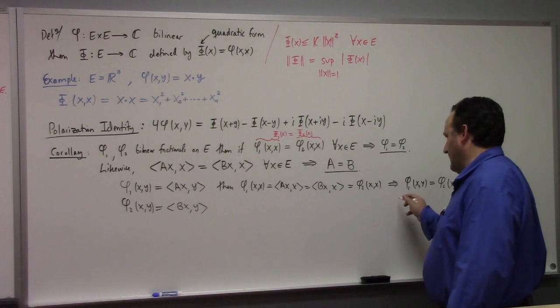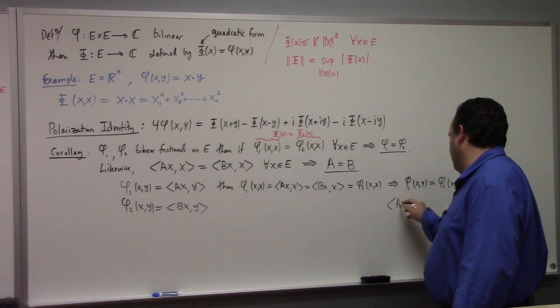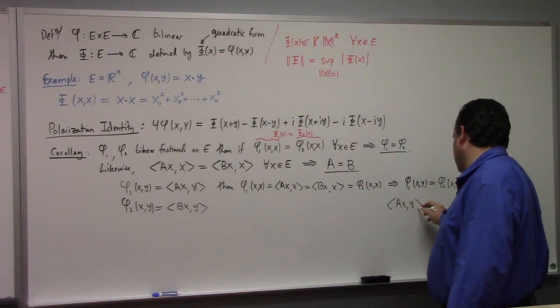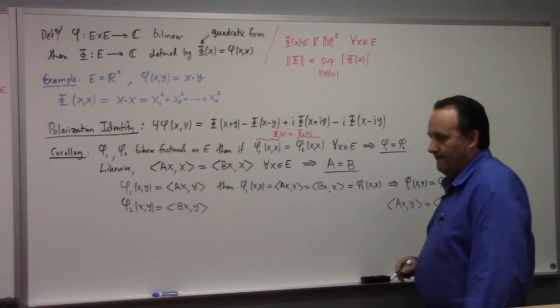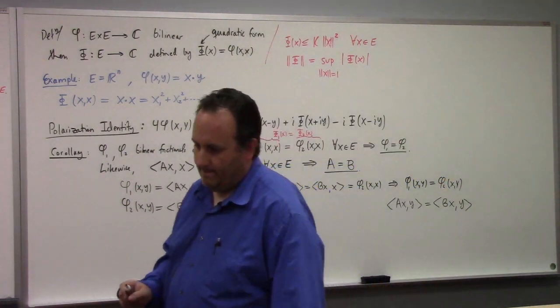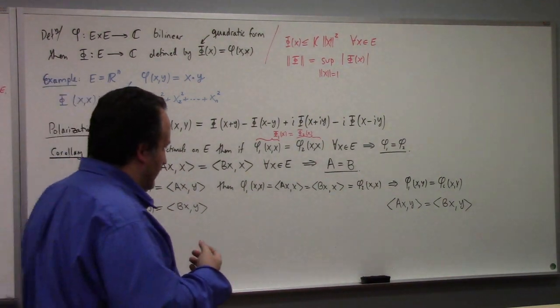So I've got that the inner product of Ax with y is equal to the inner product of Bx with y. Then the question is, why is that sufficient to prove the operators are equal? I think that goes back to our last lecture.